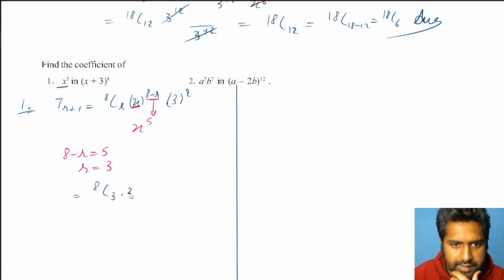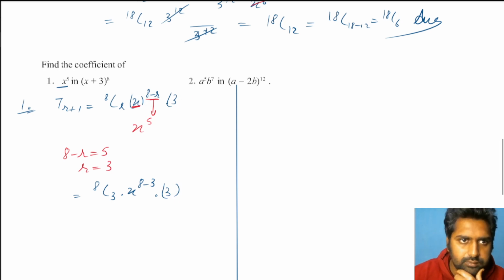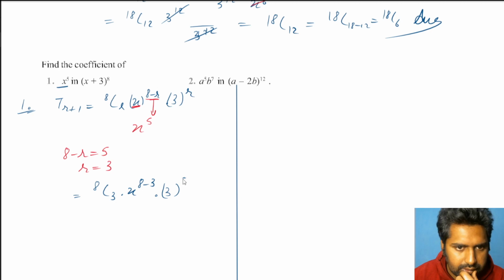So this becomes 8c3 x raised to power 8 minus 3 and 3 raised to power r, so 3 raised to power 3.